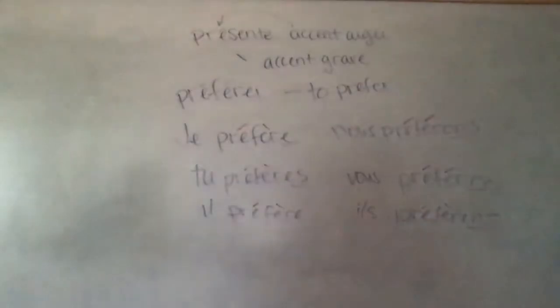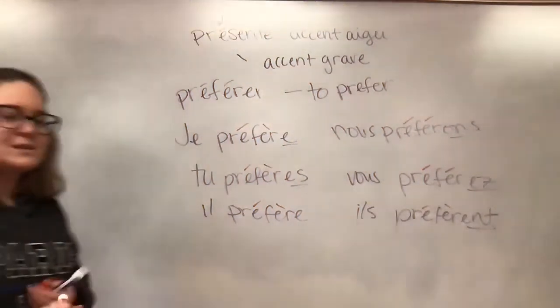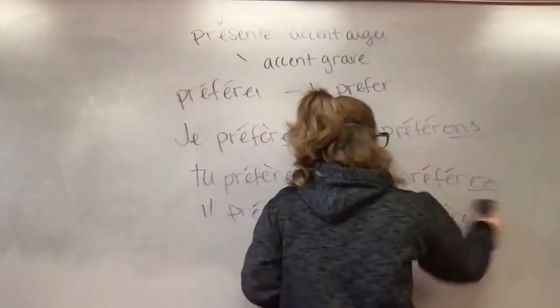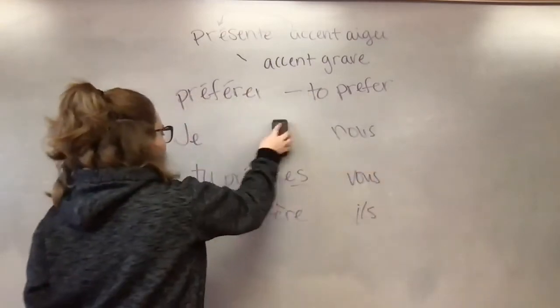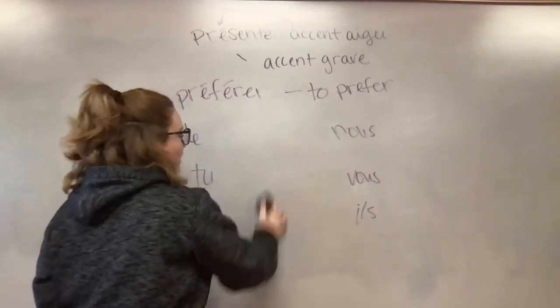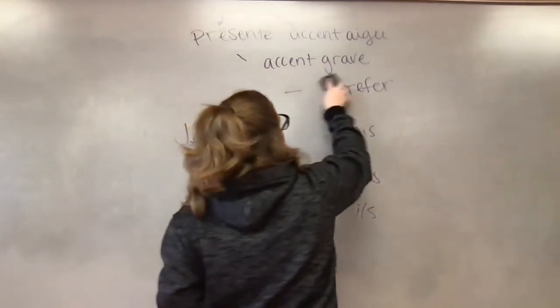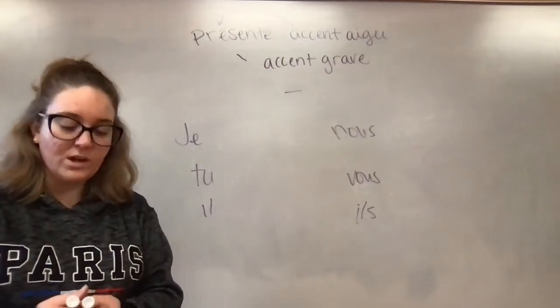All right, now let's go ahead and talk about the last spell change pattern that we need to be concerned with. For this last spell change pattern, we're dealing with a literal spell change where a letter is going to change. So rather than an accent mark change, we're going to have a letter change.